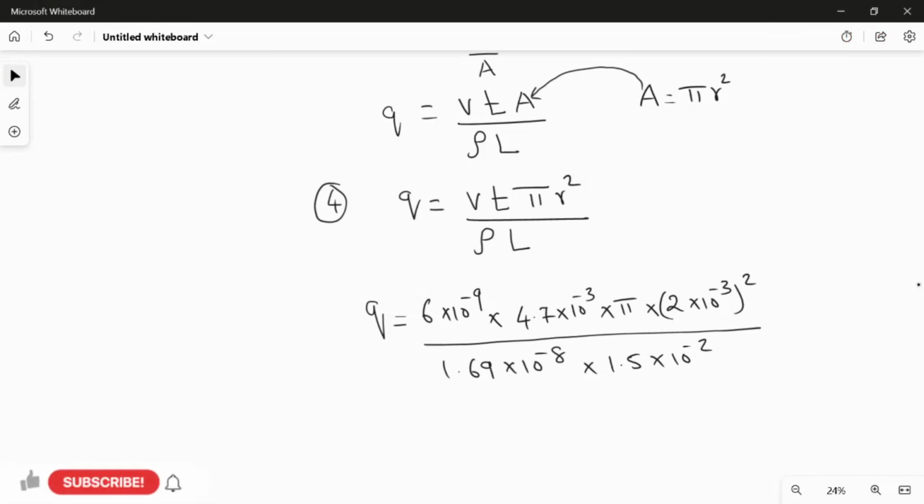Now I'm going to multiply the top as well as the bottom, and after that I'm going to divide the top by the bottom value. So let's see what our final answer is. I'm going to calculate this value, so just wait.